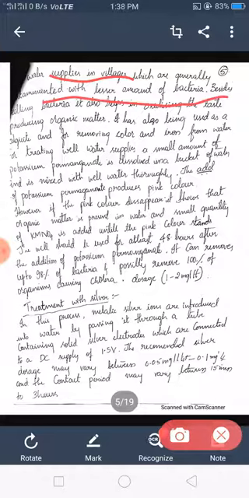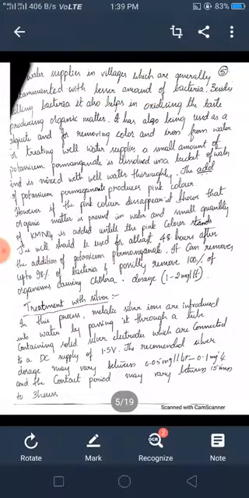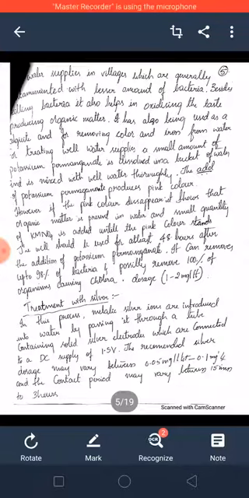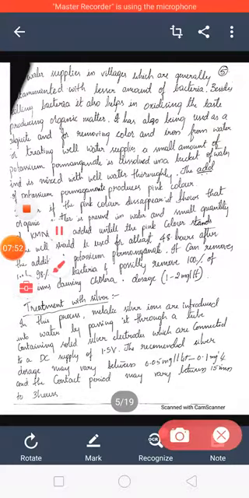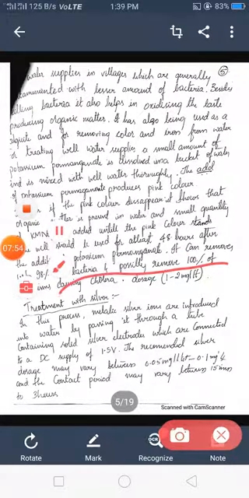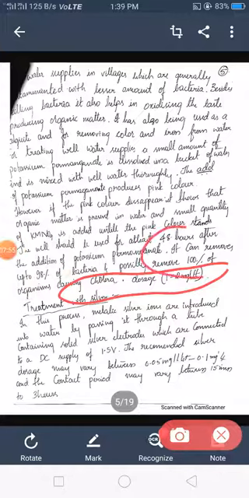In such conditions, they add potassium permanganate. Besides killing the bacteria, it helps in oxidizing taste-producing organic matter. The quantity of potassium permanganate is 1 to 2 milligram per liter, with a contact period of 48 hours, and the removal of bacteria is 98 to 100%.